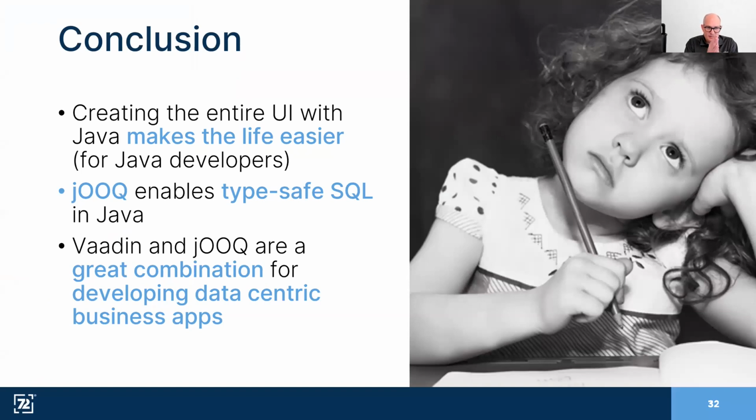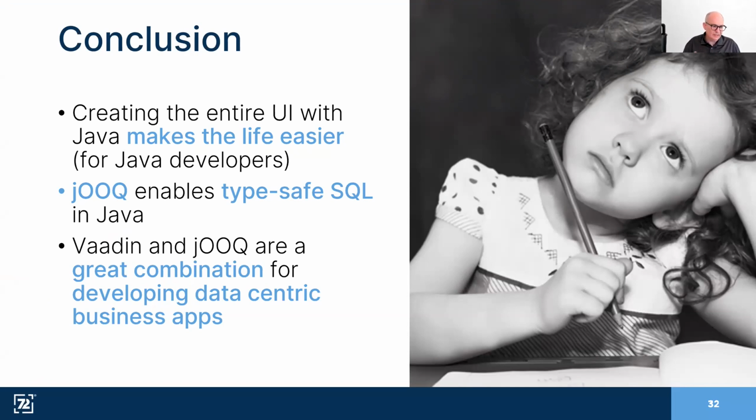Okay, to conclude, this is for Java developers. I'm talking about Java developers, not front-end developers. Creating the UI with Vaadin in Java is much easier. You save time because you know how the programming model works, and you don't have to care about the REST API, for example.